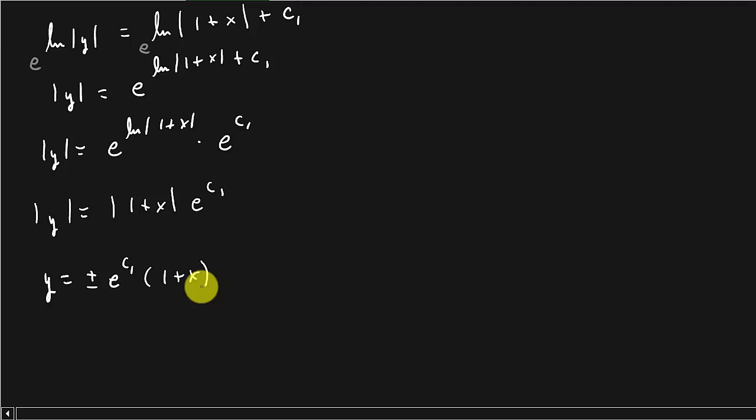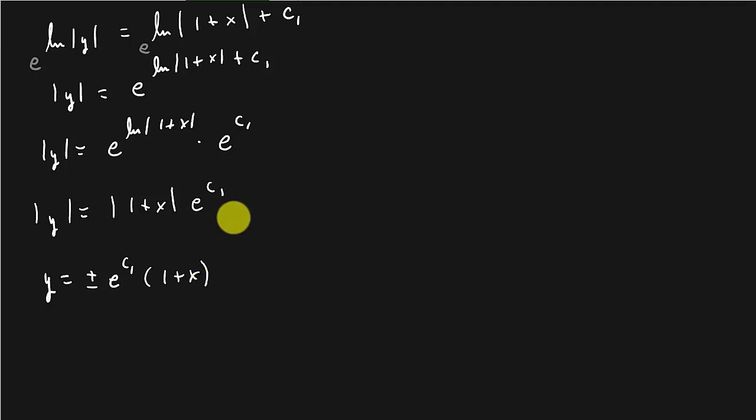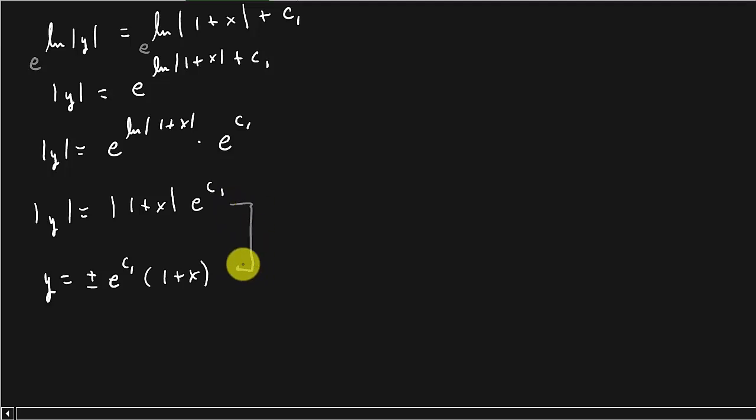So where does that come from? Well, to get from this step to this step, you've got absolute value of 1 plus x is equal to 1 plus x if x is greater than or equal to -1, because if x is greater than or equal to -1, this inside here would be positive.